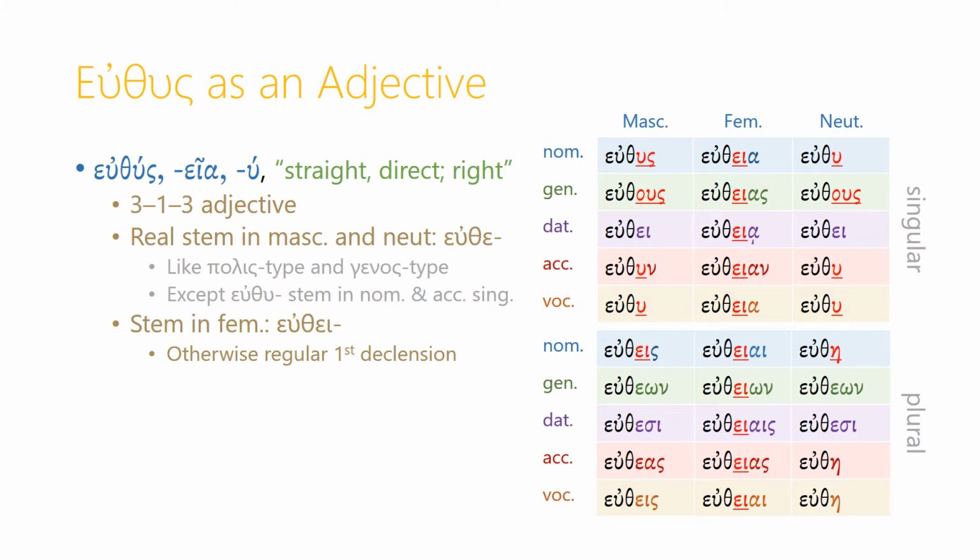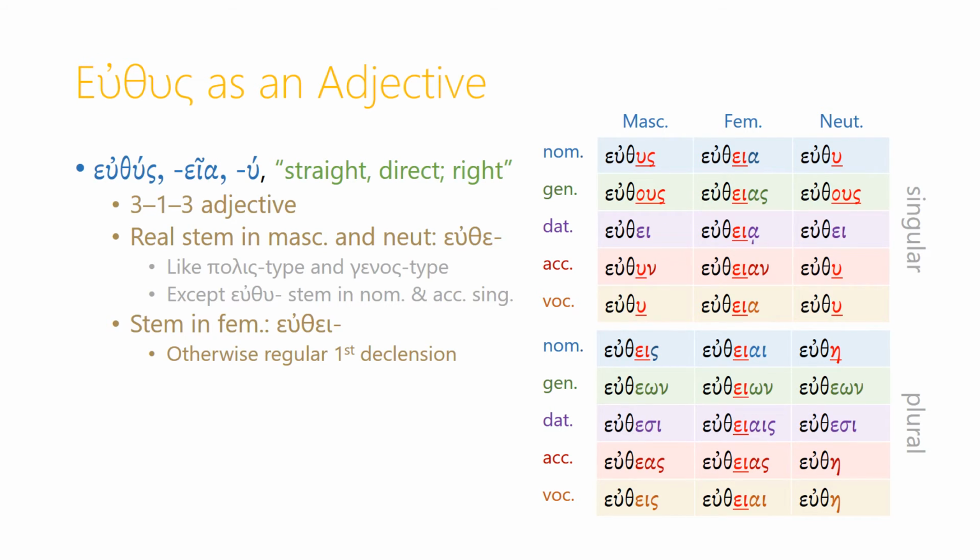In the plural, though, the masculine and neuter forms decline just like typical polis or genos type third declension nouns. The feminine, on the other hand, is a very regular first declension adjective, uses alpha class first declension endings all throughout.